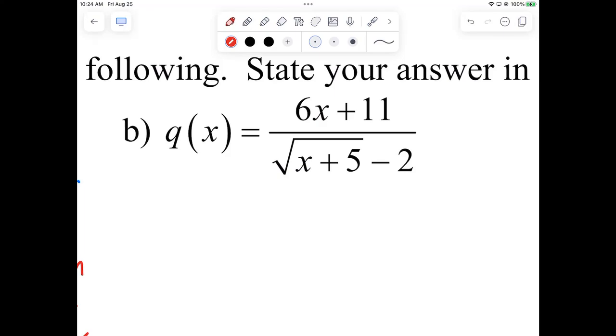You're doing your I will of the day, by the way, in here. You are finding values that make denominators zeros and negatives under radicals. So mission accomplished.